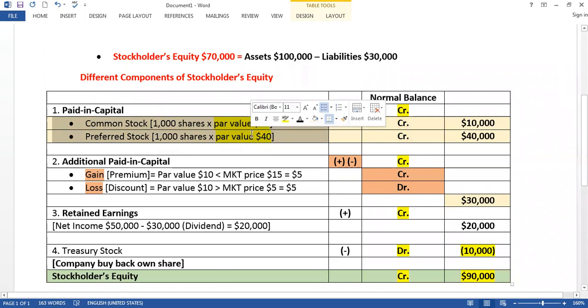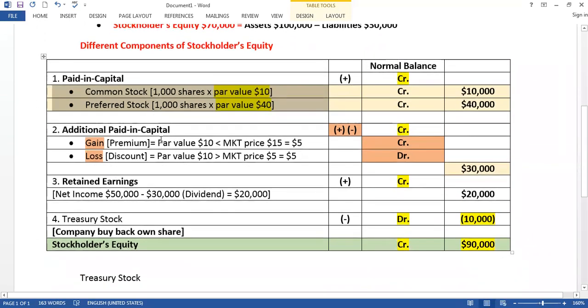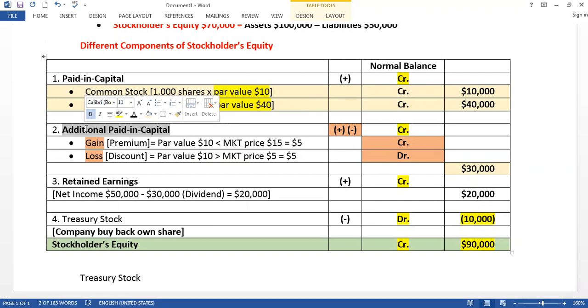Clear? Then again, for the bond we have gain or loss. The share, as we sell shares, is a little bit different from the bond. Any gain or loss, we have only one account. Before, we recorded discount on bonds payable or premium on bonds payable, but for shares we cannot do that.